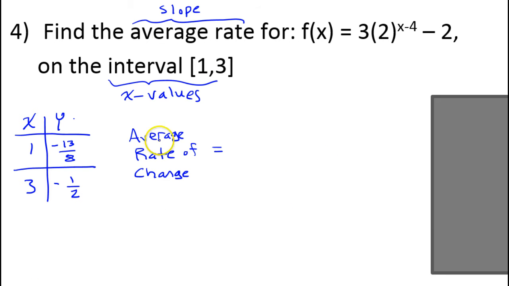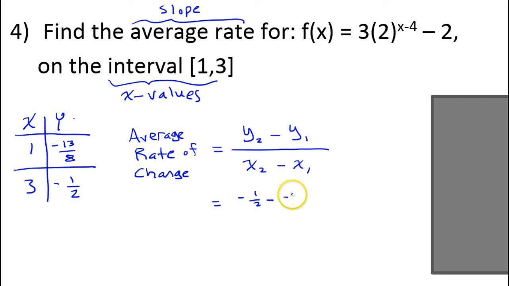Now, as I mentioned before, the average rate of change is just the slope between these 2 points. And the slope formula that we learned back in Algebra 1 is y minus y over x minus x. Alright, this is how you find the slope. So y minus y, that's going to be negative 1/2 minus negative 13 over 8.